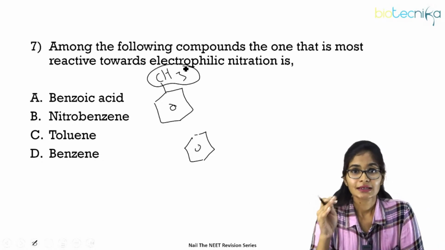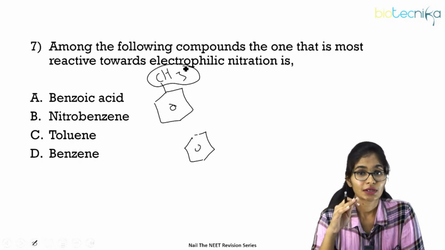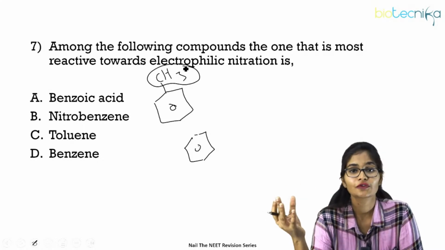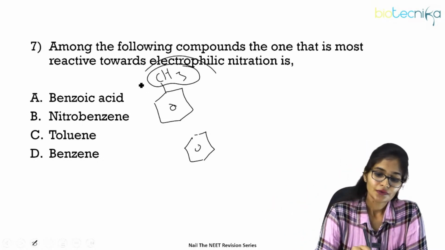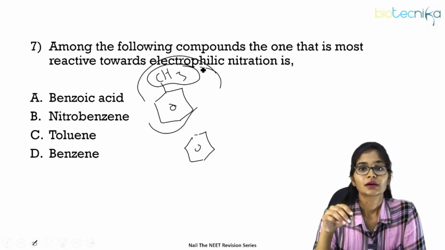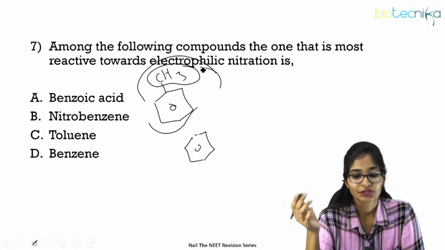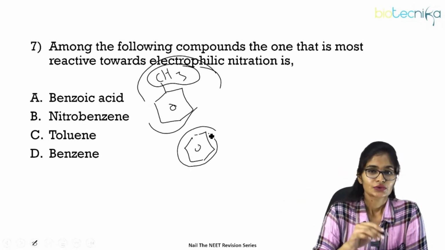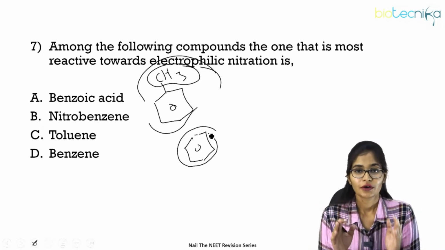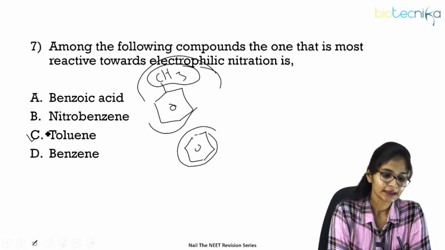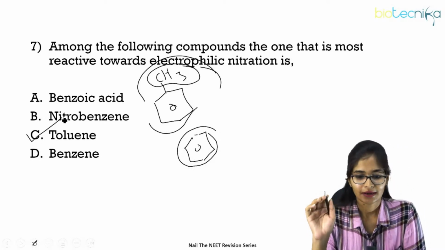Then I can say it is a nucleophilic, electron rich source, and the electrophile will attack, right? So toluene undergoes electrophilic nitration more preferably than benzene. So when we compare toluene and benzene, toluene is preferred first, so option C is correct.